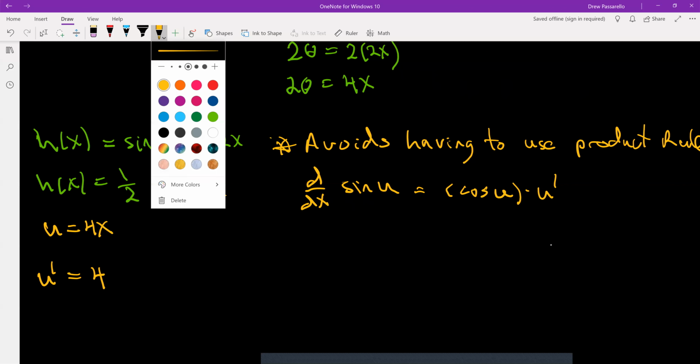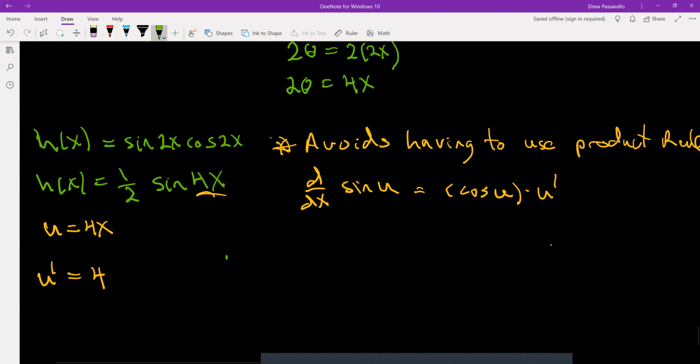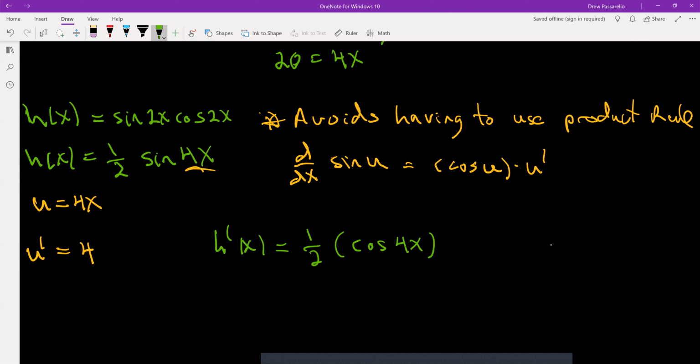So h prime of x, factor out the 1/2, so it'd be 1/2 times cosine of 4x, since u is 4x, and then times u prime. Well, u prime is 4, so it'd be times 4. Then I just do 4 times 1/2 to get 2. So our answer is going to be 2 cosine of 4x.